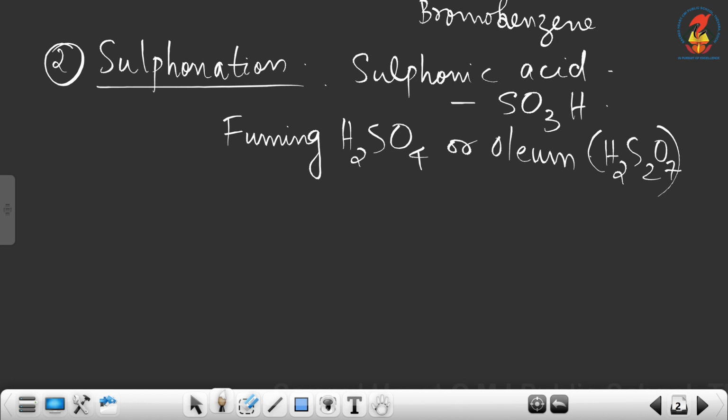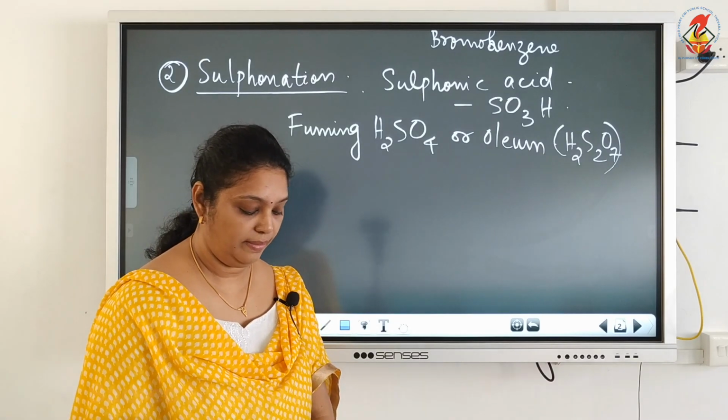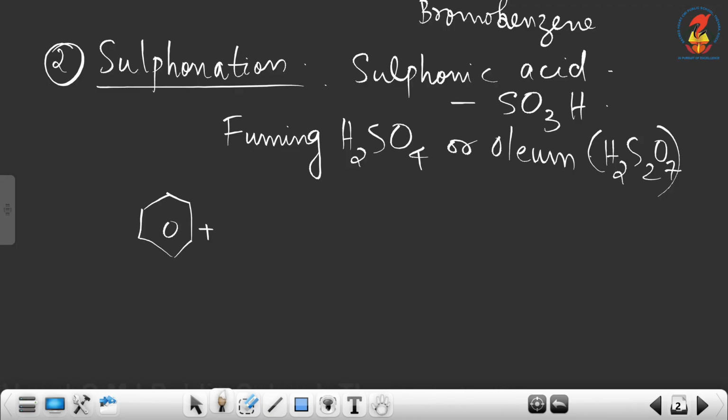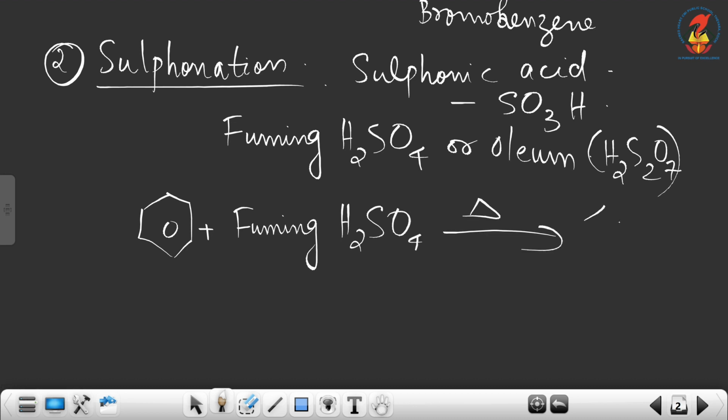Now I am going to write the example, that is benzene plus fuming sulfuric acid, or you can write concentrated sulfuric acid, or oleum also can be used. One of the hydrogen atoms of the benzene ring will be substituted by SO3H, the sulfonic acid group.